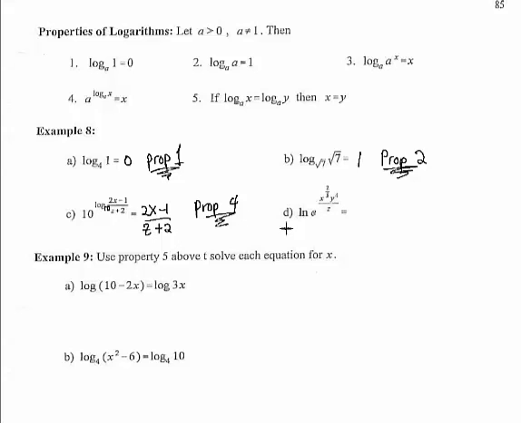Property 4. D, ln of e to all of this stuff jumbled together as the exponent. So you need to see this as the exponent.